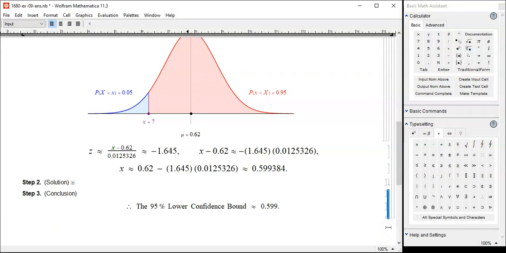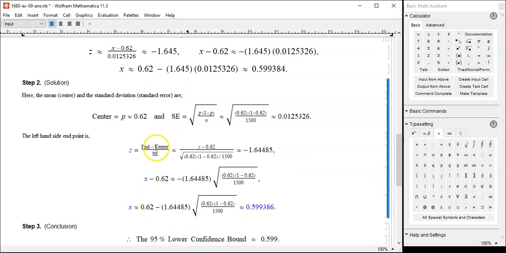And that's got to be the conclusion. Well, here I used 0.599, that's okay. But if you use 0.60 or 60%, I'll take it with full credit. Here's a little bit more accurate computation using a little bit more accurate z-score. Instead of 1.65, 1.64485 is used.